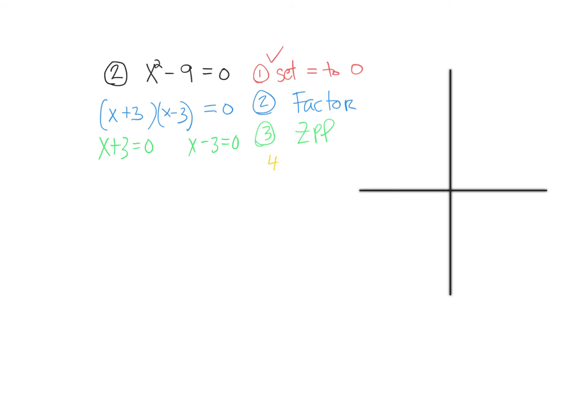And then our fourth step is to solve these equations. And so when I solve this one, I get a negative 3. And what that tells me is that at negative 3, 0, there's an intercept. And when I solve this one, this tells me that at 3, 0, there's an intercept.